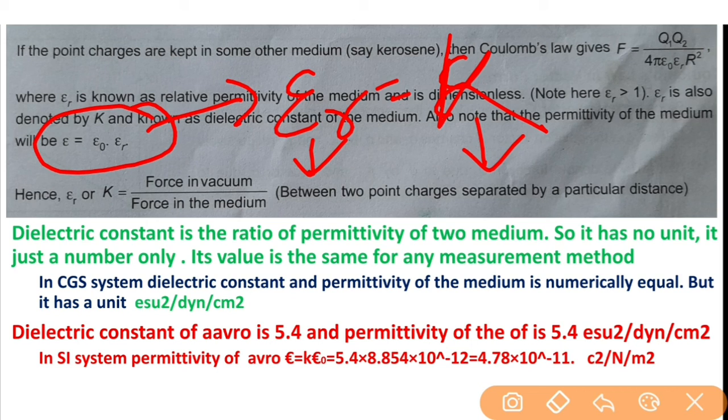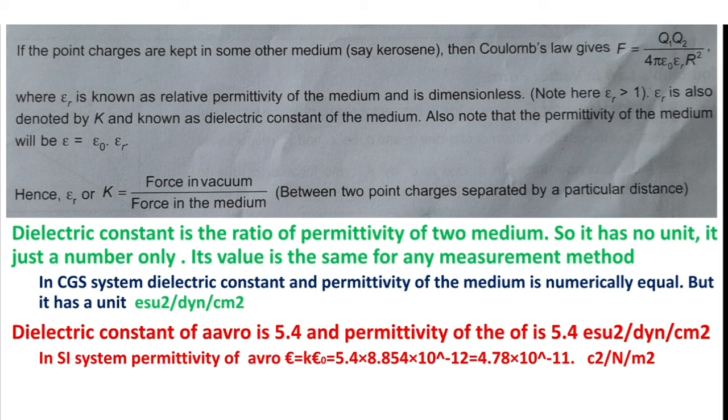So the force equation is F equals q1 q2 over 4 pi epsilon 0 epsilon r r square, where epsilon r is the relative permittivity of the medium and is dimensionless because it is the ratio of the two permittivities. Epsilon r is also denoted by k.